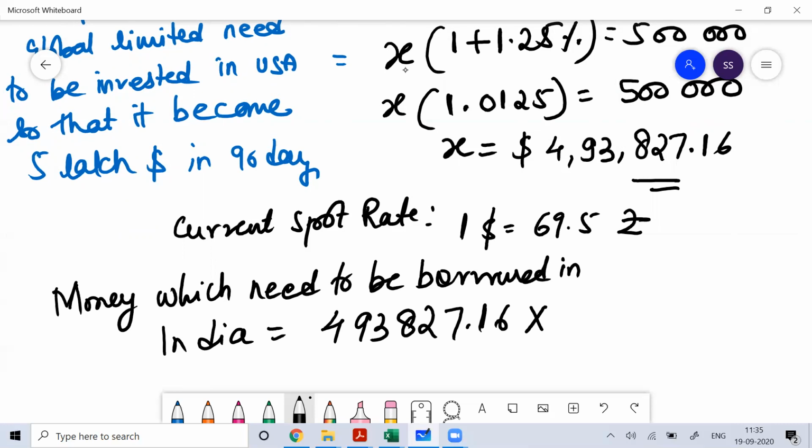So you know that this much dollar they need to borrow, so in rupees how much will this become?